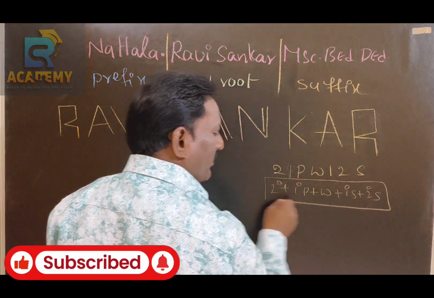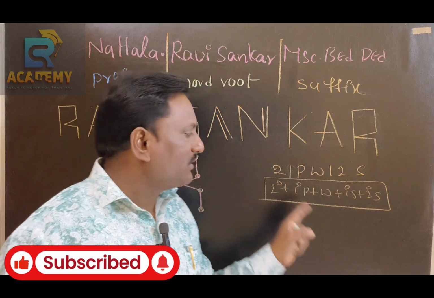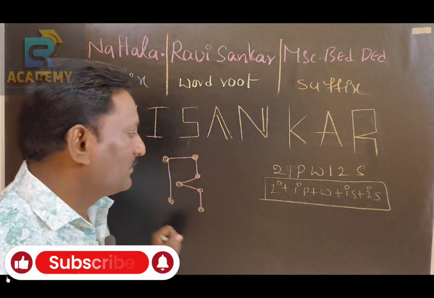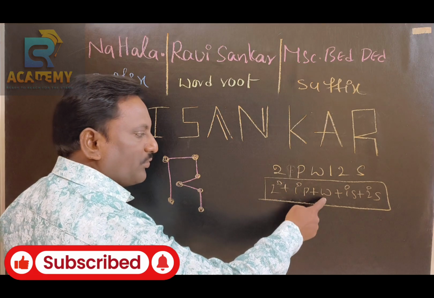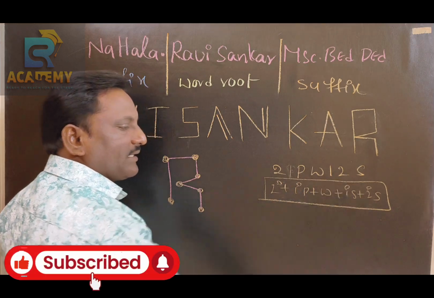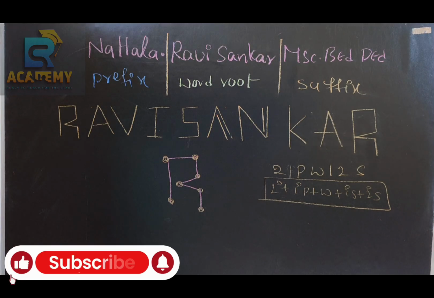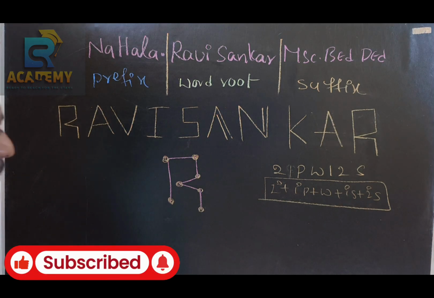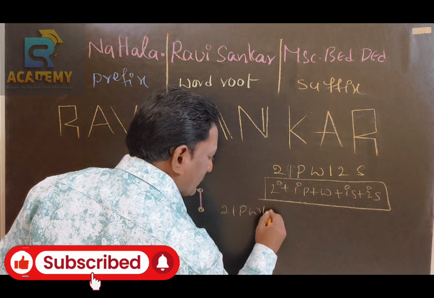Please remember this order. In short, 2 1 p w 1 2 s: secondary prefix, primary prefix, word root, primary suffix and secondary suffix. Are you following, my dears? Very good.